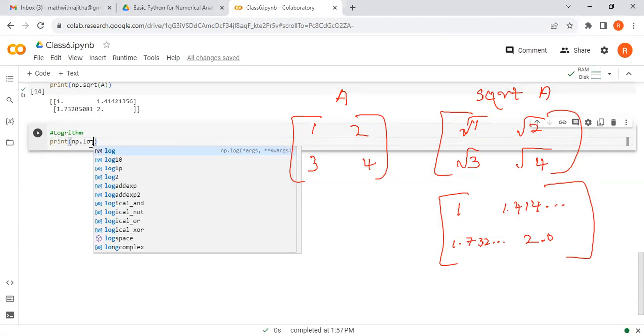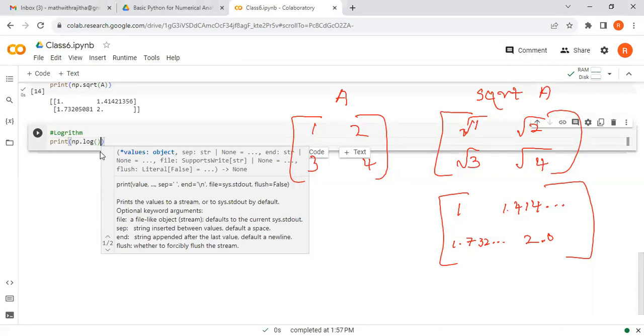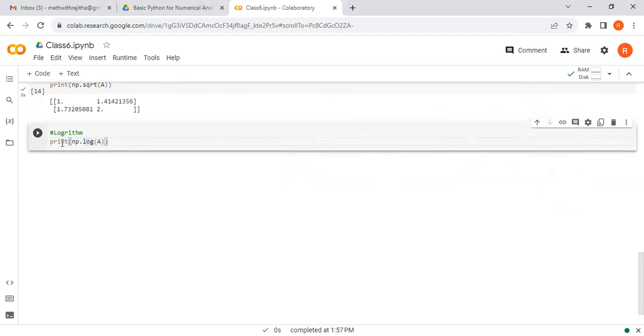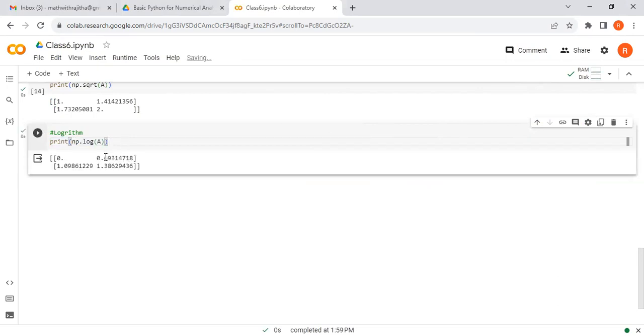np.log(A). Let me just run this first and see what this is giving, because I'm not sure how Python calculates this. Now my A matrix is 1, 2, 3, 4.